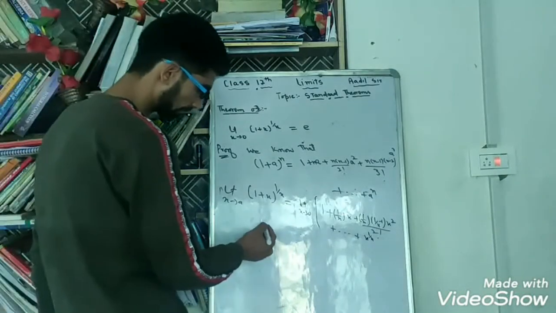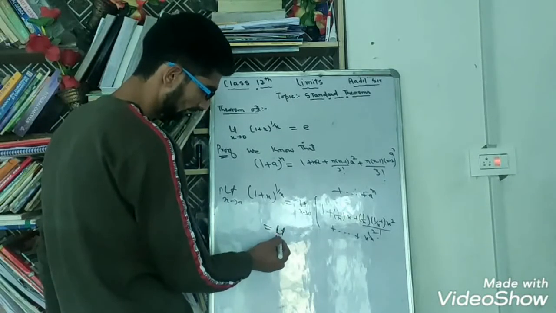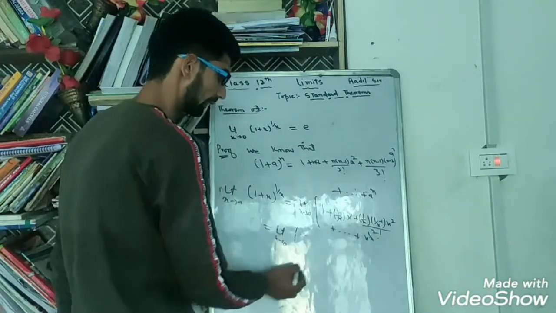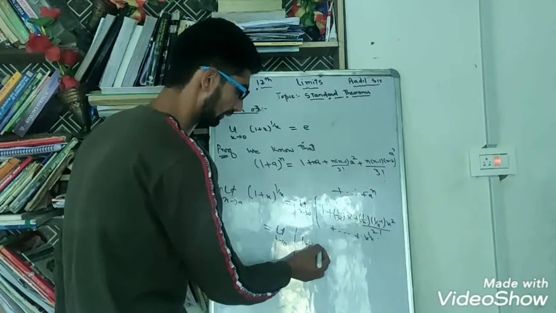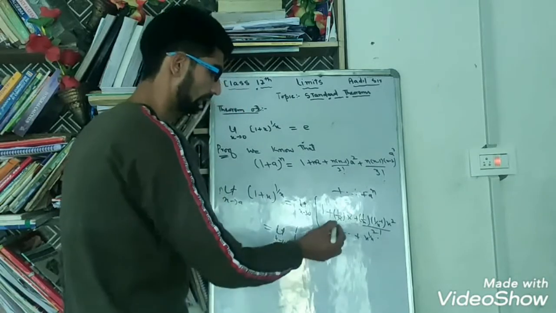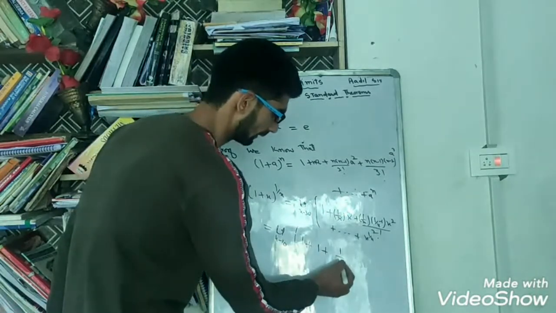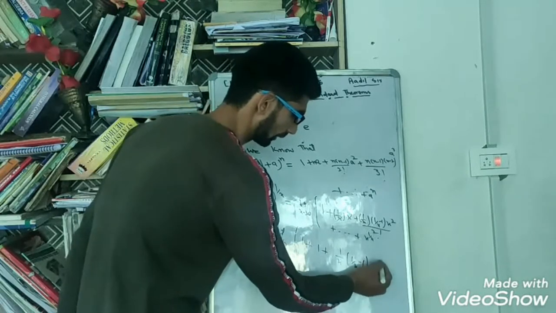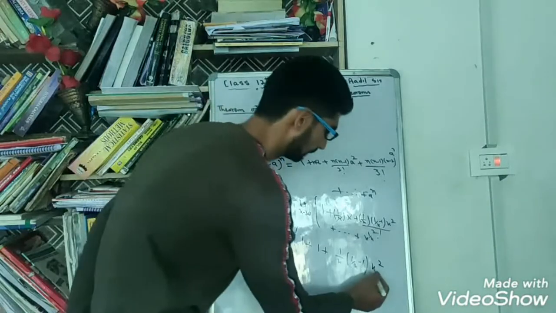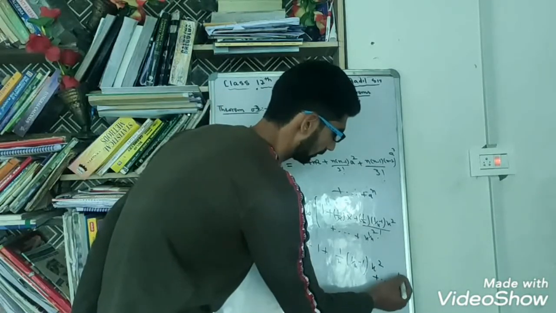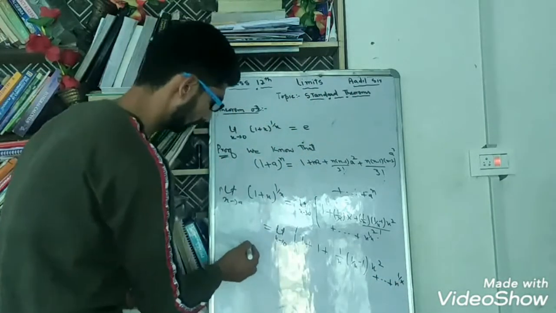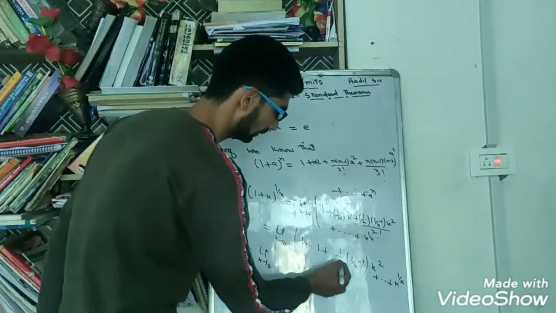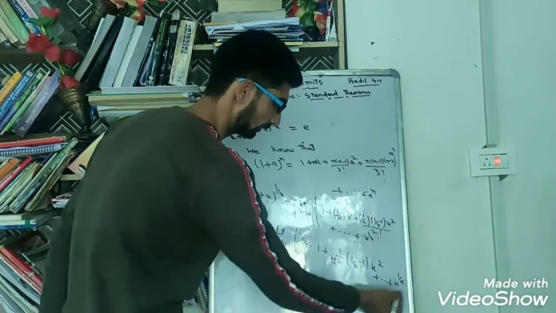It will be further equal to limit x tends to 0. Here x and x will get cancelled: 1 + 1 + (1/x)(1/x - 1) x^2/2! plus so on, plus x^(1/x).